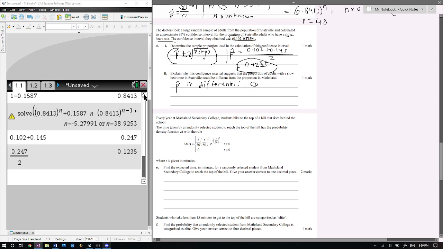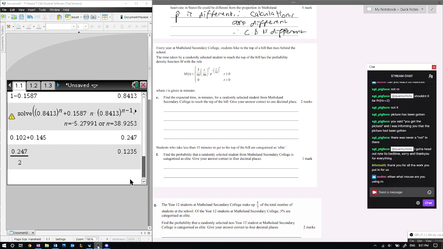Therefore, calculations will be different. And you can clearly see that with a different p hat variable, you're going to get a way different standard deviation and thus a way different confidence interval. So p hat is different, calculations are different. Therefore, the CL is different. Okay.